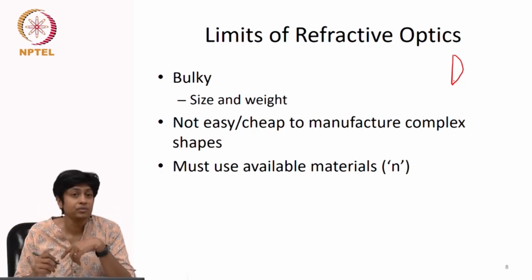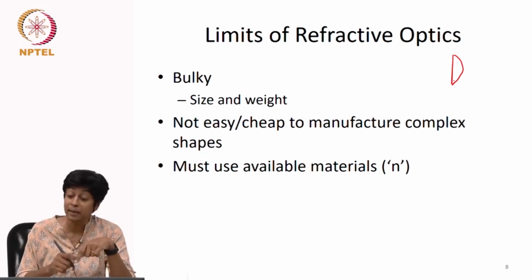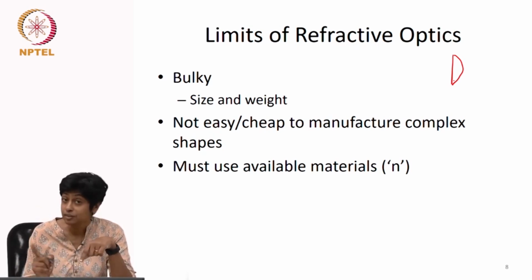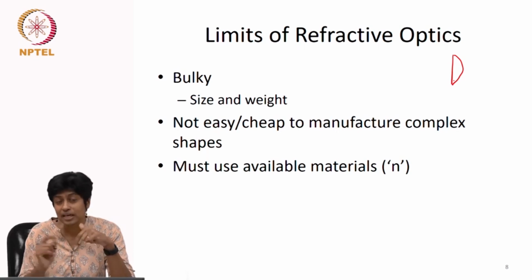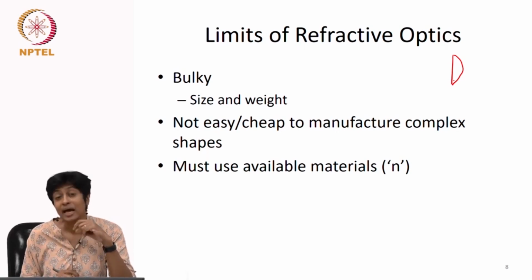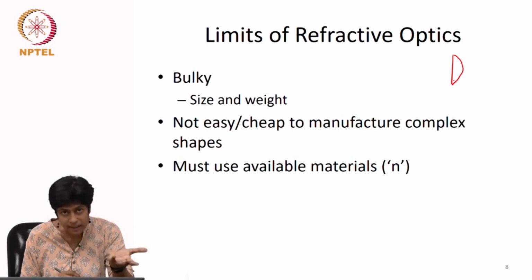Yes, if I want to manufacture a spherical surface, in fact, we manufacture spherical lenses, even though they're not the best lenses, because that's easy to manufacture. So even if I just want an aspheric lens, it becomes hard to manufacture. And if I want to manufacture something which is more complicated, why?